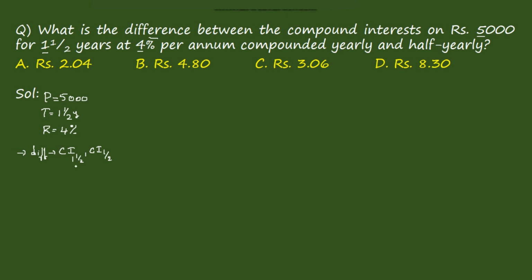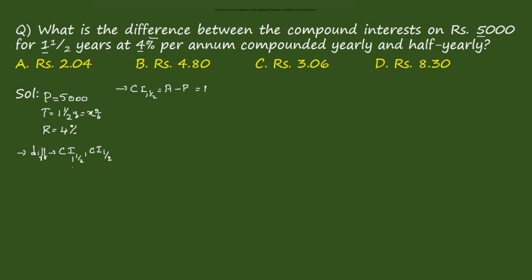So first we're finding the compound interest for 1 1/2 years compounded yearly, okay? Then the compound interest is equal to, we know that it is amount minus principal, which is equal to nothing but you have to find the amount for 1 1/2 years. It is an improper fraction, which is in x a/b form, right? For this one we know the formula for amount.